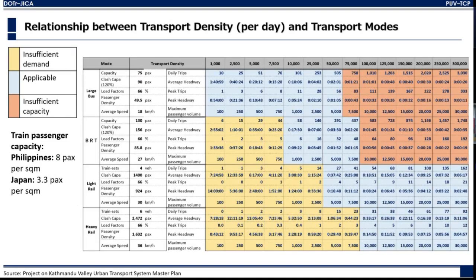This figure is very simple, however, a very important table. According to the estimated passenger demand, the large bus, the BRT with articulated buses, the light rail in your cities, and the heavy rail, which is introduced in MRT Line 2 and the Metro Manila Subway project.